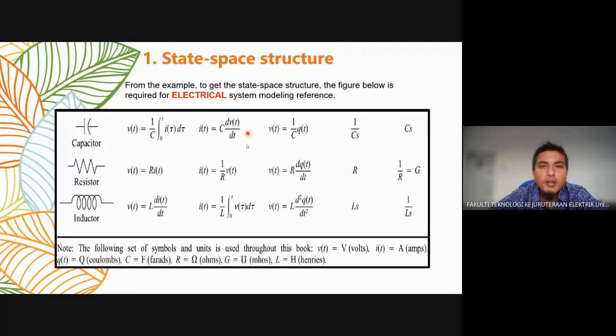For the resistor, we just need to refer to the time domain, because state space is in the time domain. So we just need to refer to the first two columns: voltage and current. For the inductor, V t is L di over dt, and for the current, 1 over L times the integral of V tau d tau.